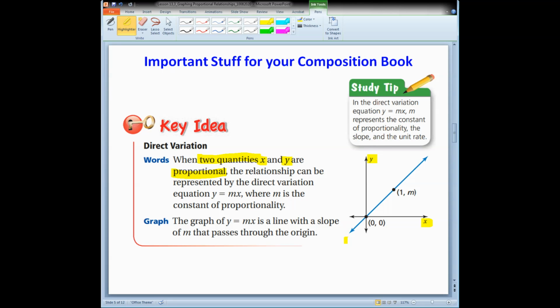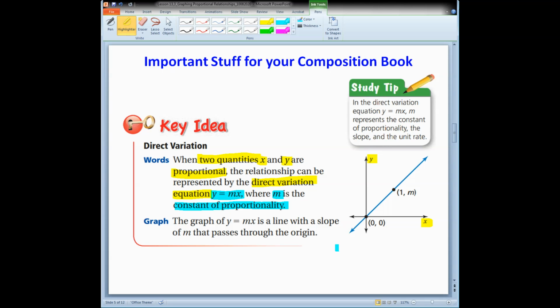can be represented by what we call the direct variation equation. I'm going to highlight this in a different color. The direct variation equation is y equals m times x. And m is called the constant of proportionality. So if you're going to write down, what is the constant of proportionality?